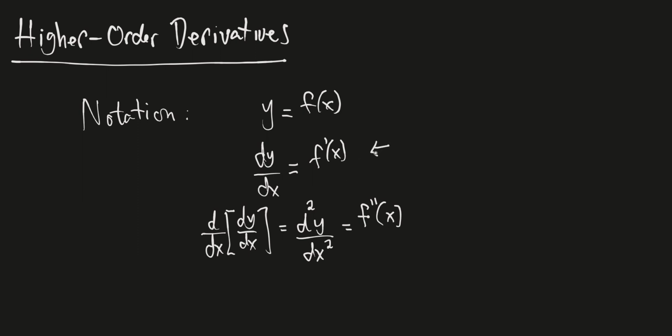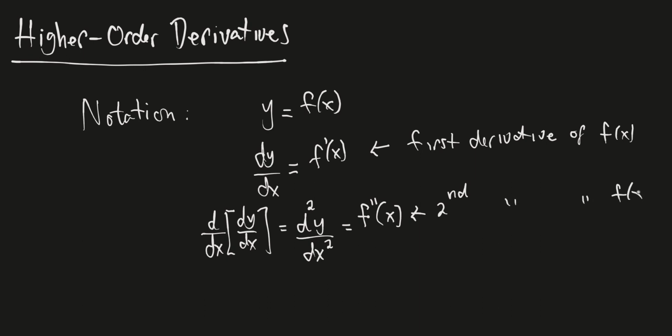So this function here is the first derivative of f of x. Well, then this would be the second derivative. I'll just go ahead and abbreviate the second. So this would be the second derivative of f of x.